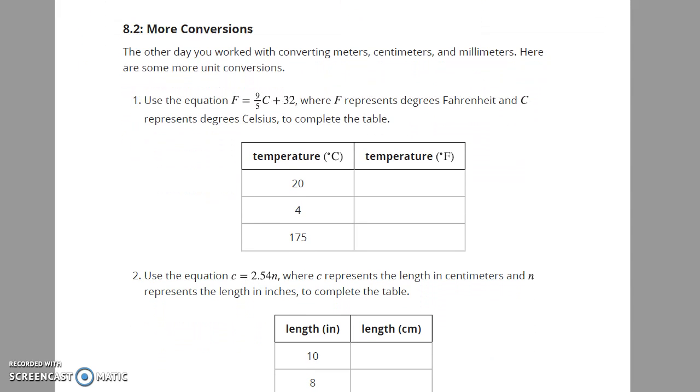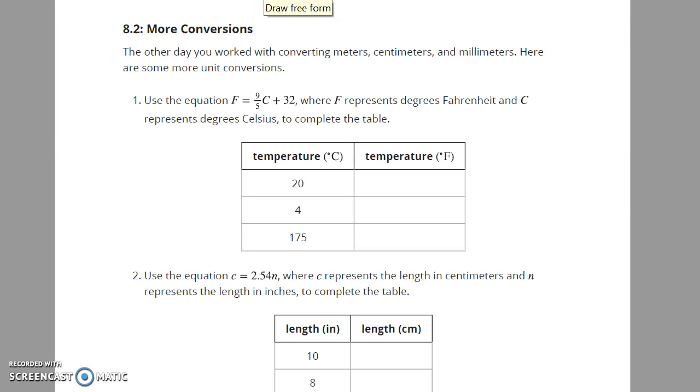Okay, here is 8.2. In 8.2, we are working on finding proportional relationships through equations. So remember, as in last lesson, not everything is a proportional relationship.